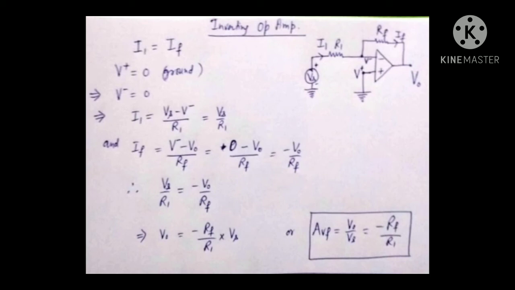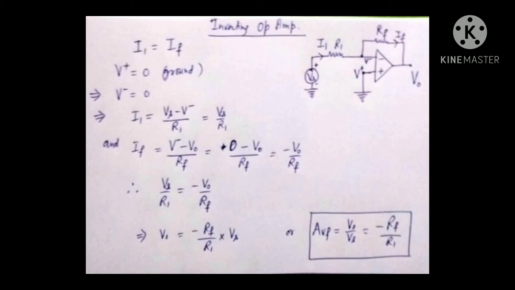exploring the op-amp circuits. The first very important op-amp circuit is an inverting operational amplifier. In this circuit, as you can see in the figure, the op-amp is connected in inverting mode.